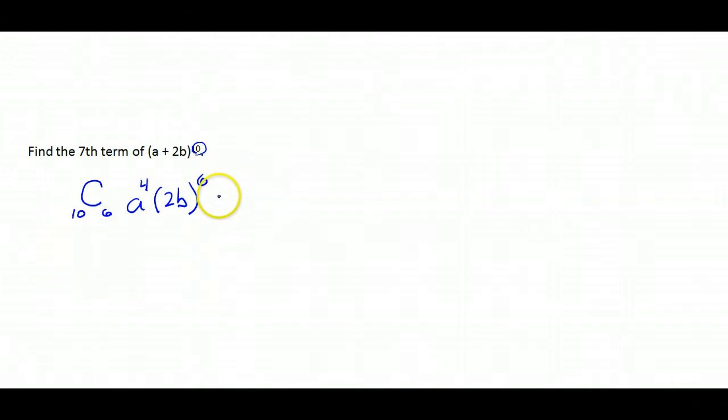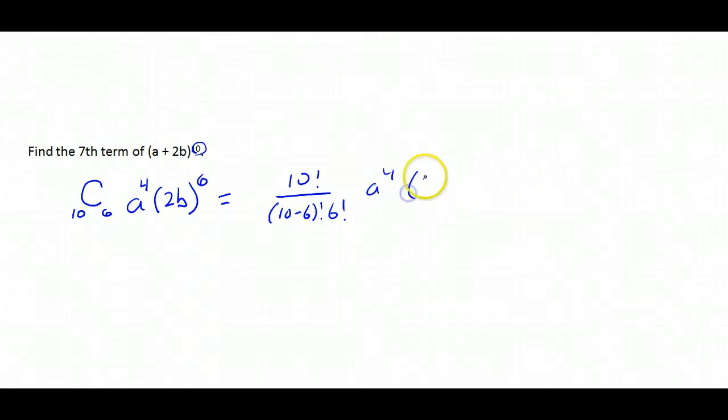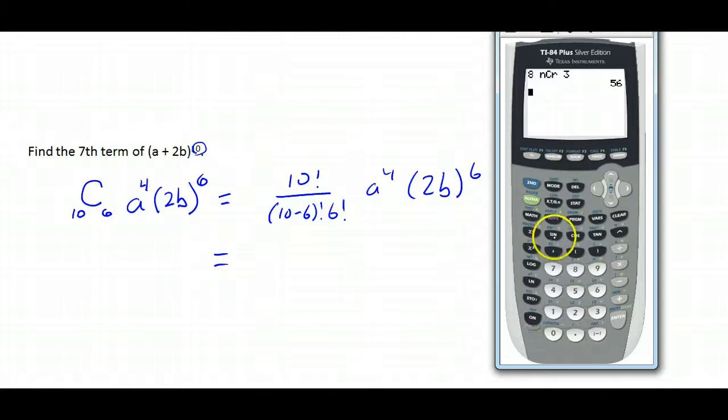So we're going to get 10 factorial over 10 minus 6 factorial, 6 factorial, a to the 4th times 2b to the 6th. And we can work that out in our calculator.